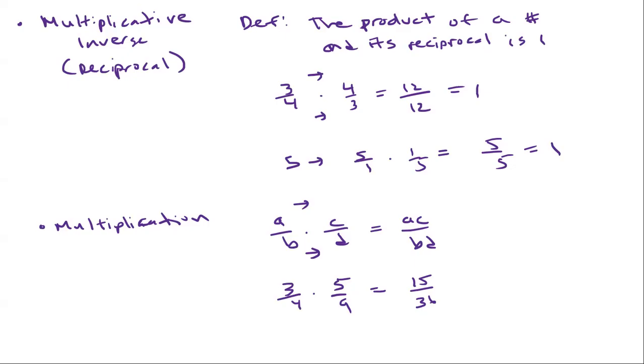You could reduce it. So the greatest common factor between them is what? Probably 3, right? So I can divide this by 3 and then divide the bottom by 3. So 15 divided by 3 is 5. 36 divided by 3 is 12. So this would be our final answer. Okay.